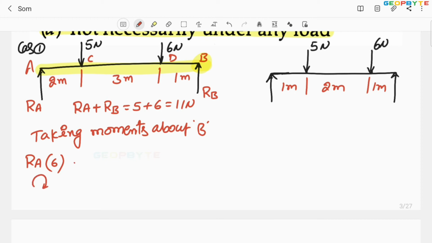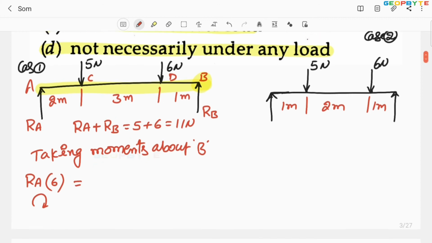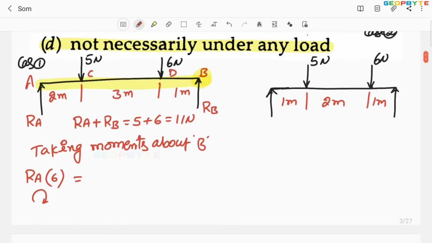So it is giving a clockwise moment. The clockwise moment must equal the anti-clockwise moment for equilibrium of the body. Therefore 5 into 4 is giving one anti-clockwise moment, plus 6 into the distance up to B, 1, is also giving an anti-clockwise moment.